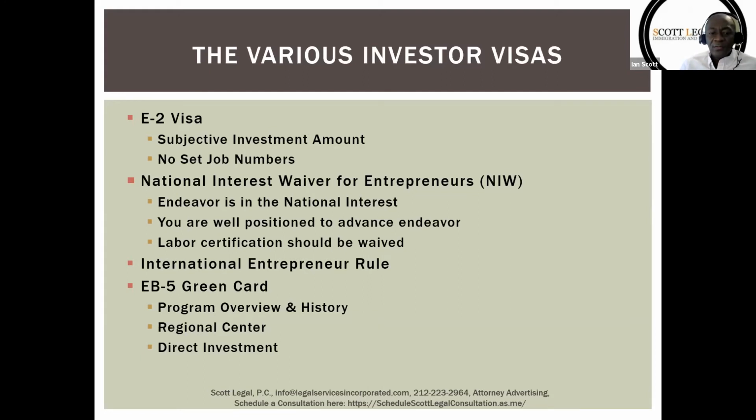You should think of the regional center as a program where, just as an example, let's say that a hotel chain wanted to build a large property somewhere in the United States.